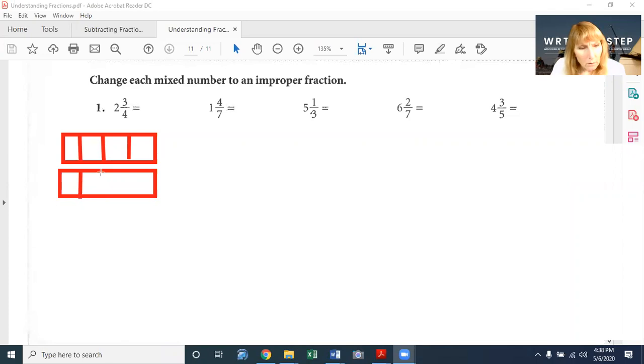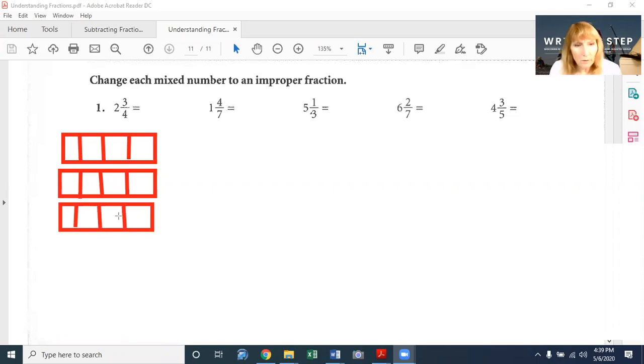1, 2, 3, 4. Okay, and then I have a part of a third pizza, right? So I have to draw another pizza. I'm going to draw one more pizza cut into fourths. 1, 2, 3, and 4.